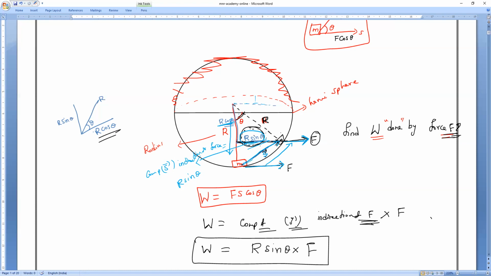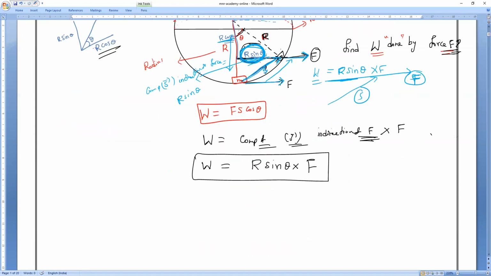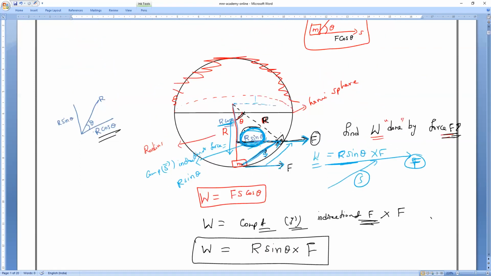Now displacement is in this direction, so the component of displacement in the direction of force is R sin theta. So R sin theta into applied force is equal to the work done by the body. Clear, everybody? Yes. This is what it is.